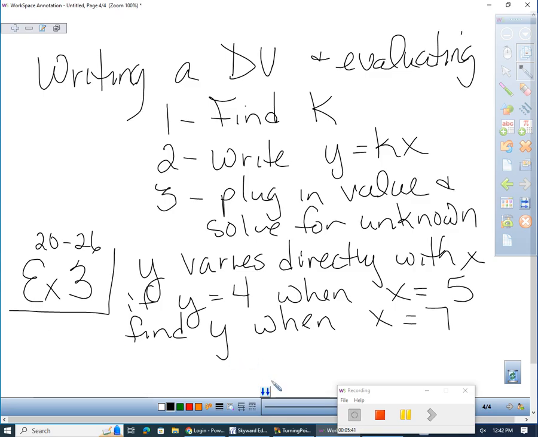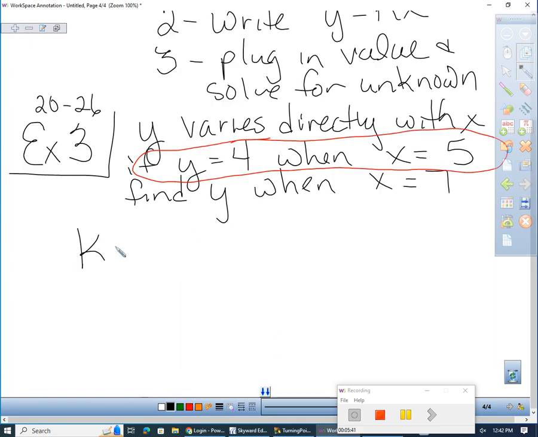All right, so first step says find k. We use the very first line of information right here to find k. That's all that is used for. So k equals y divided by x, or 4 divided by 5. That's my k value. Step number 2, we plug it into y equals kx. So we get y equals 4 over 5x.